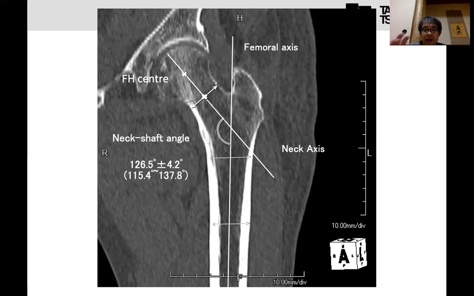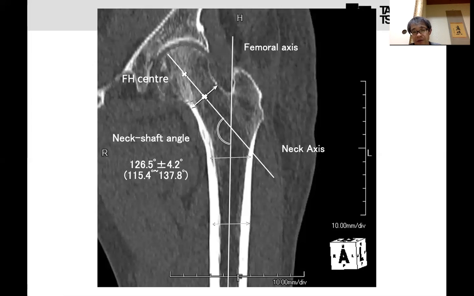But actually, due to the round shape of the plate, you can adjust if you insert the guide wire, the screw, around 130 or 125. So it can be adjusted due to the shape of the side plate in the DSCS. But anyway, basically, for Asian people, this shaft must be set between 125 to 130.